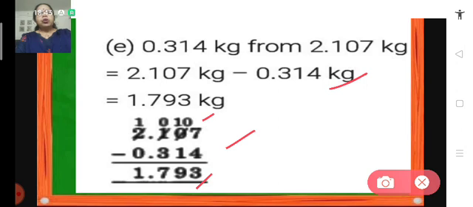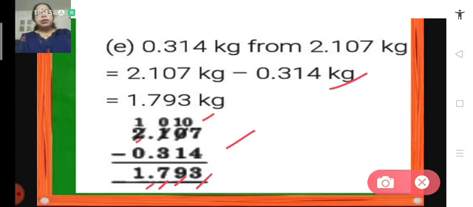So, we borrow 1 from tenths and we get 10 here in the hundredths place. So, 10 minus 1 becomes 9. Now, we are left with 0 in the tenths place. So, 0 minus 3 cannot be done. So, we borrow 1 from the ones and it becomes 10. So, 10 minus 3 becomes 7.